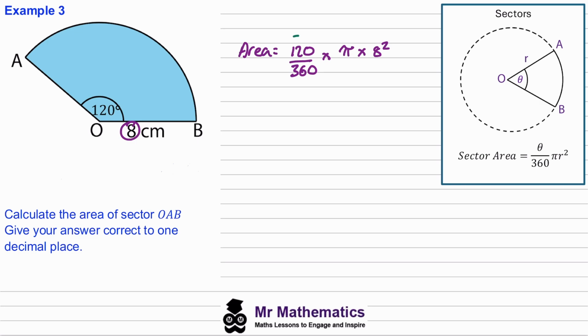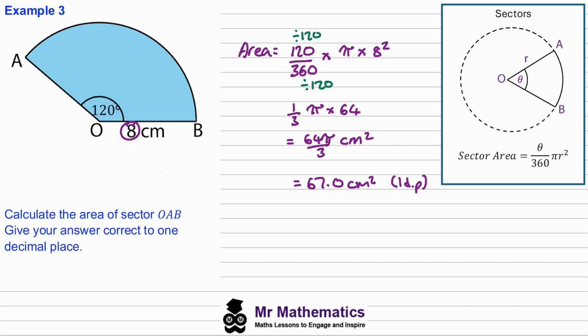For our fraction, we can divide both by 120 to simplify it, and we get 1/3 times pi times the 64. And we can write this as 64 pi over 3, again in centimetres squared. We could convert that to a decimal, and to 1 decimal place we get 67.0 centimetres squared, okay?